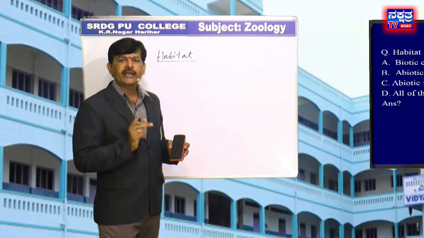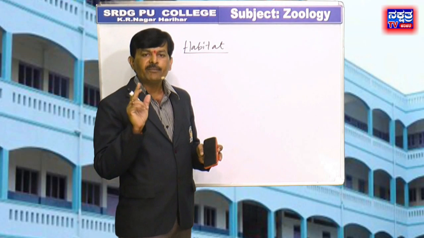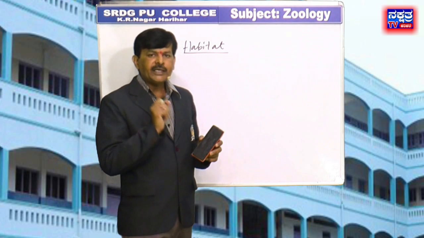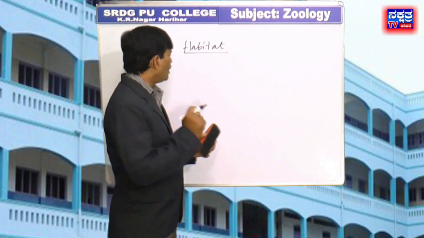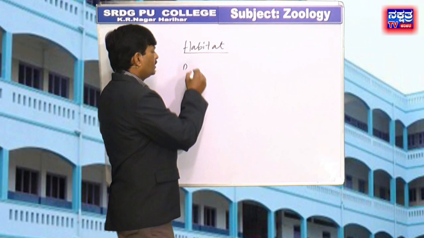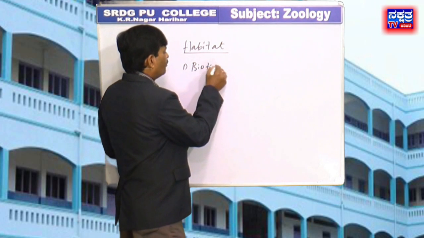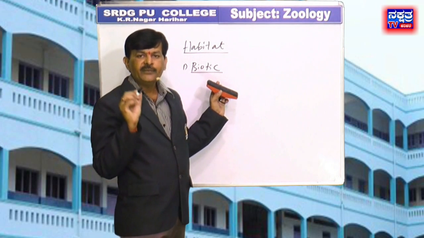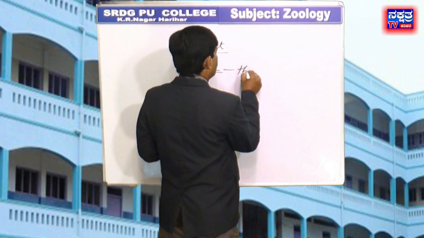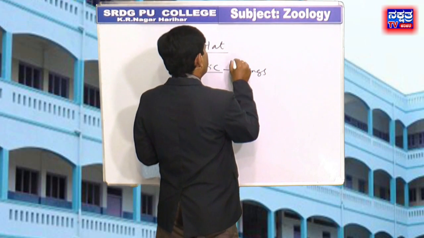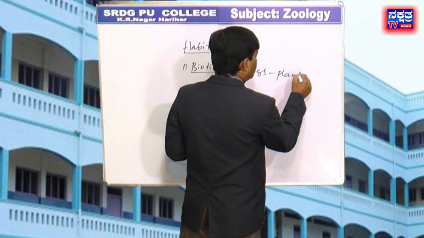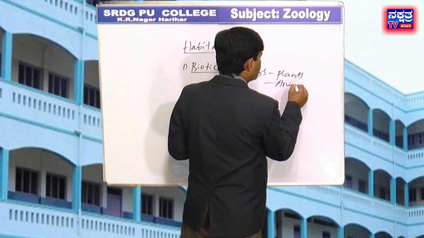It is characterized by physical and biological features. Biotic components are the living things, like plants and animals.